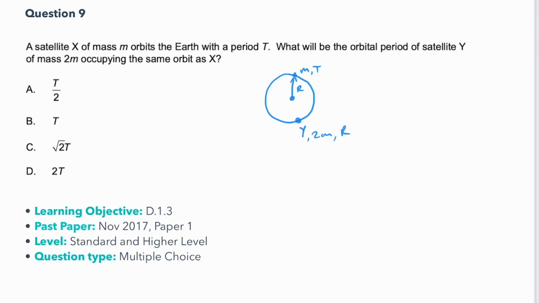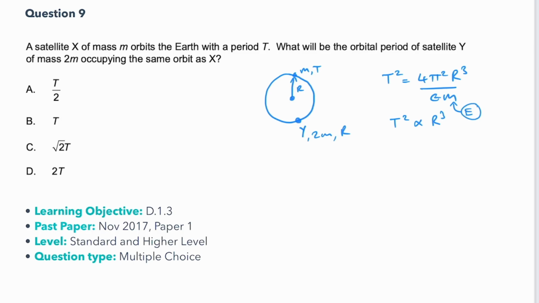For this we want to look at Kepler's third law, and we actually derived a version of it in the previous question. It is this. That's Kepler's third law, and what it says is that the square of the time period is directly proportional to the cube of the radius. This m here is the mass of the central mass, which in this case would be the Earth.